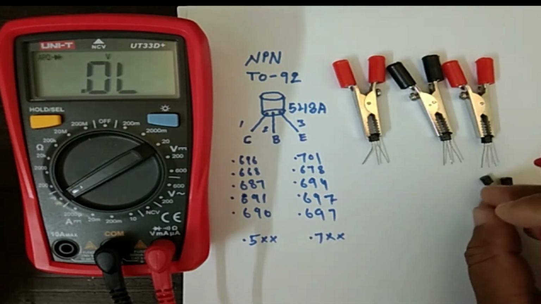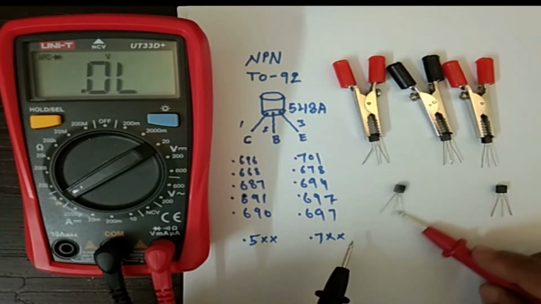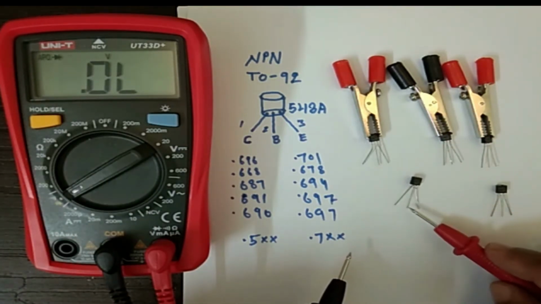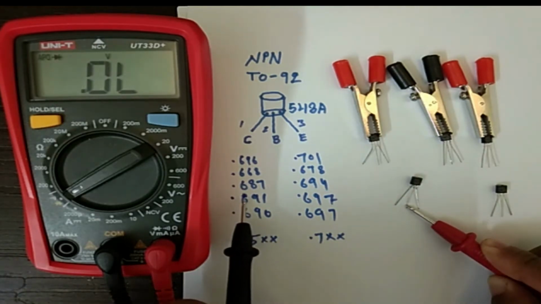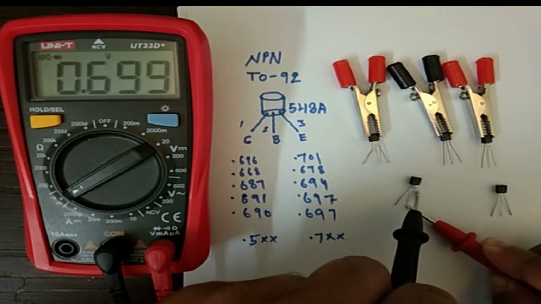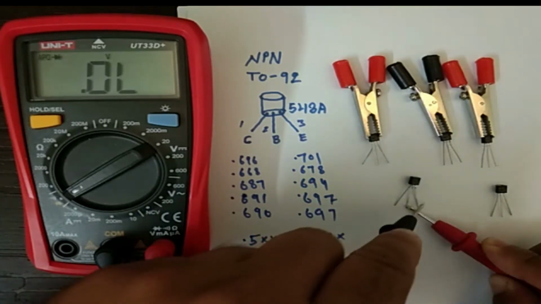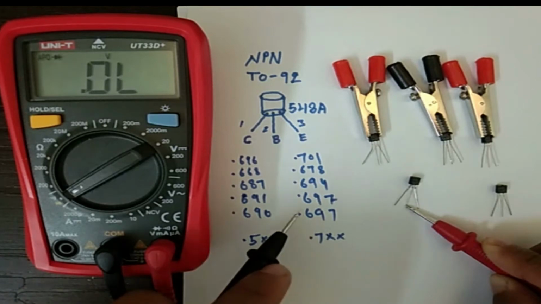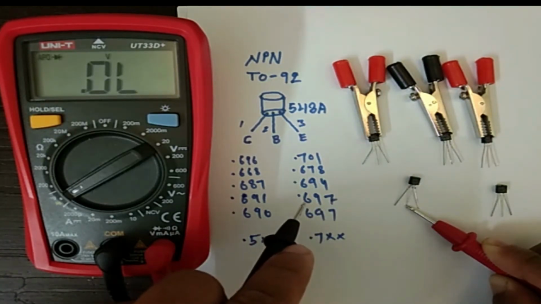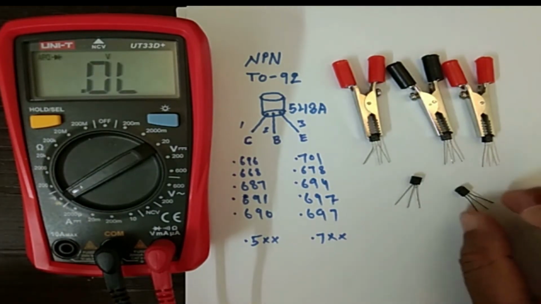And the next two transistors, we will check these also. 0.692, 0.691, no problem. 0.697, but now 0.698 is coming, no problem. Now we will check another transistor.